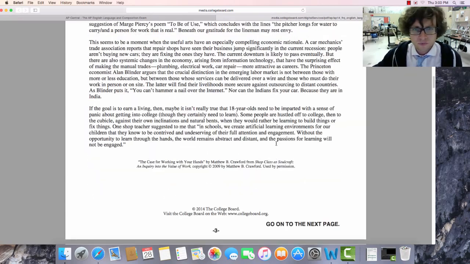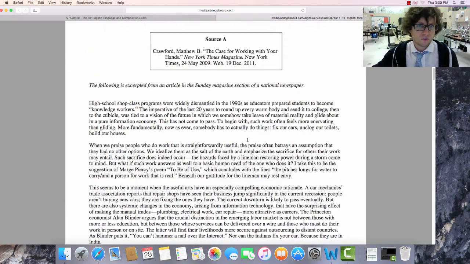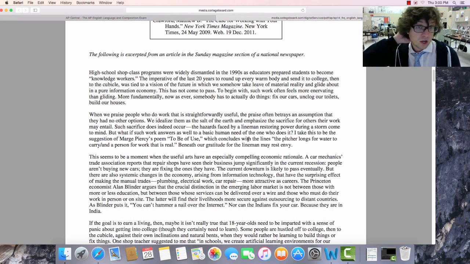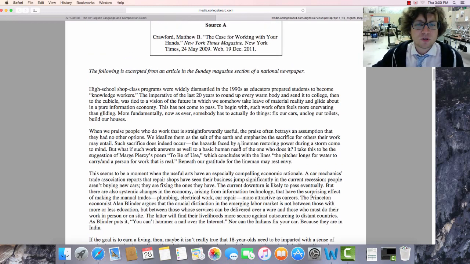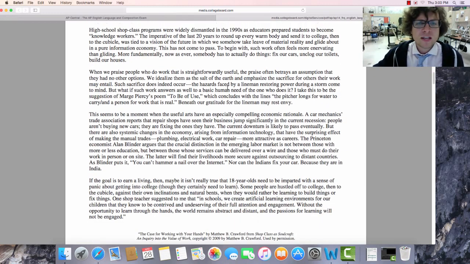Now, if you read this, you'll see that source A is from a writer in an article which is really advocating for not going to college, or at least for learning how to do things where you work with your hands. So what might this person say about the chart? Well, he doesn't talk very much about money, but what he does talk about is he says that right here, systemic changes in the economy arising from information technology that have the surprising effect of making the manual trades, plumbing, electrical work, car repair more attractive as careers.